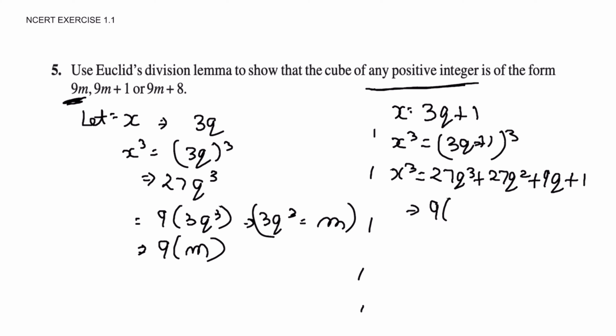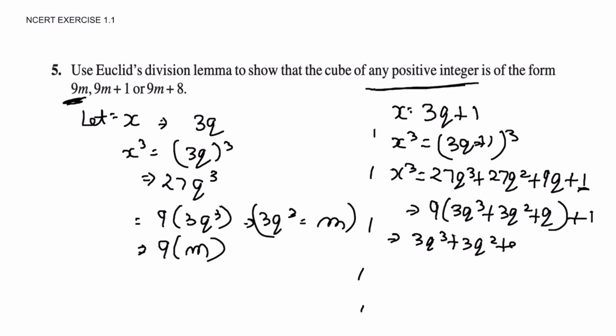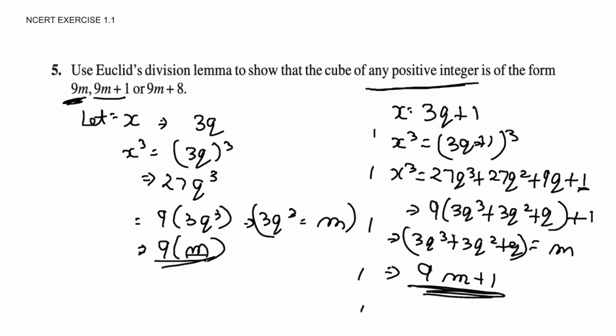So this becomes 3q cube plus 3q square plus q. Now 1 is left alone, so we are going to add 1 at the end. Once again, let's take 3q cube plus 3q square plus q as m. So this becomes 9m plus 1. So 9m is proved, 9m plus 1 is proved also.